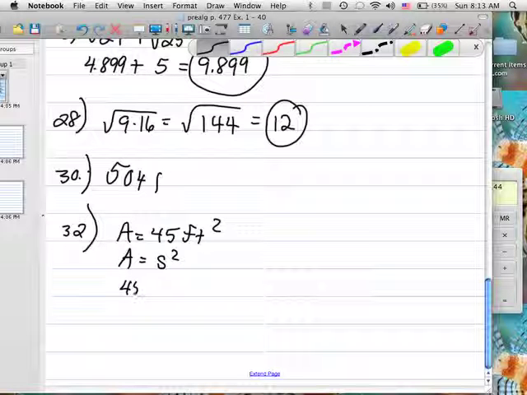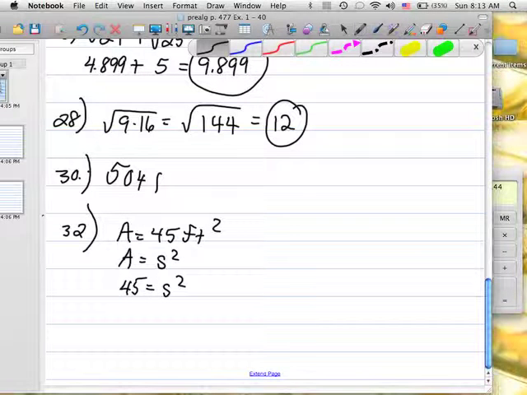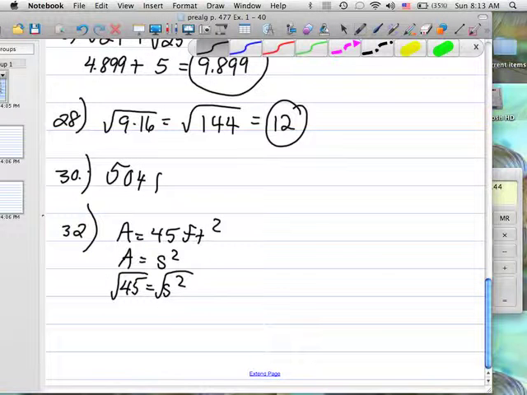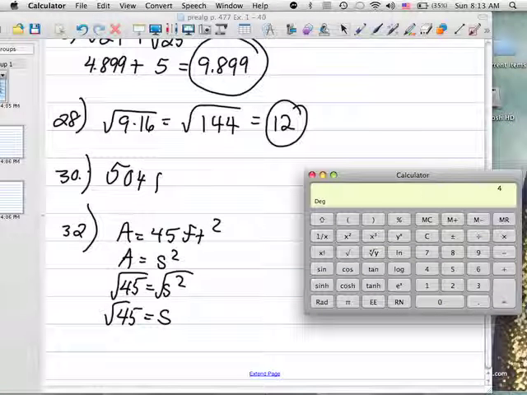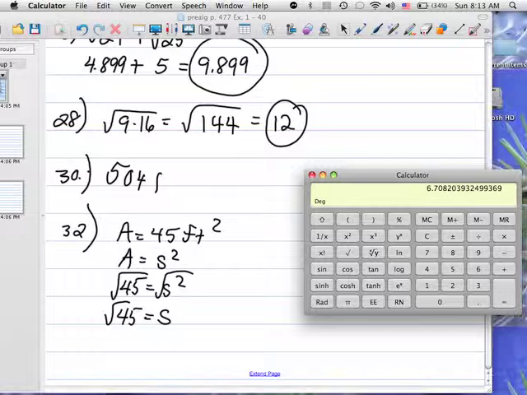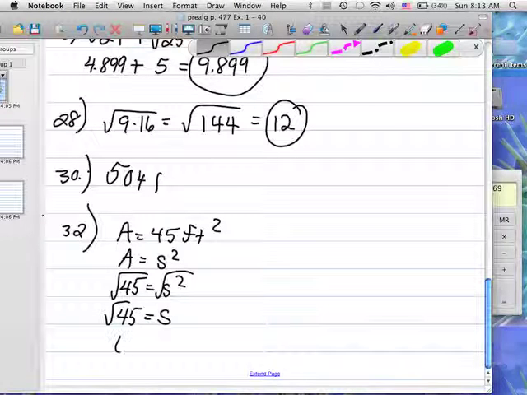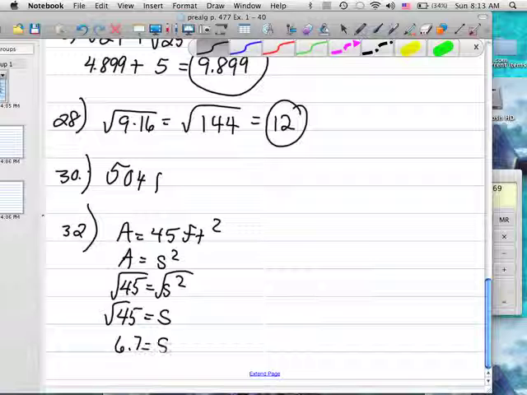So 45 equals s squared. If I want to find out the length of one side, I have to take the square root of that number. So s equals the square root of 45. So I'm going to take 45 and find its square root. And they said to the nearest tenth, so it'd be 6.7 for one side, equals the length of one side.